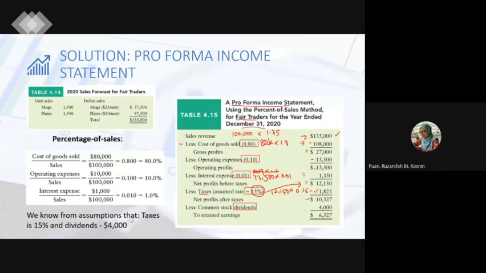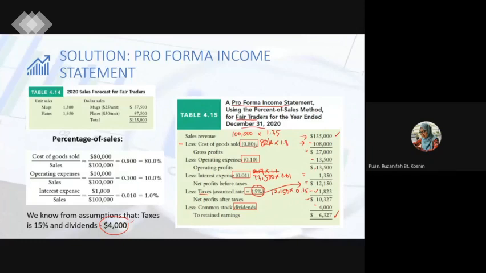Selepas kita dapat profit ni, kita kena tolak dengan dividen yang dia bayar, iaitu 4,000. Ya, minus 4,000, kita dapat retain earning sebanyak 6,327. Ya. Okey, ini cara yang pertama berdasarkan kepada percentage of sales.